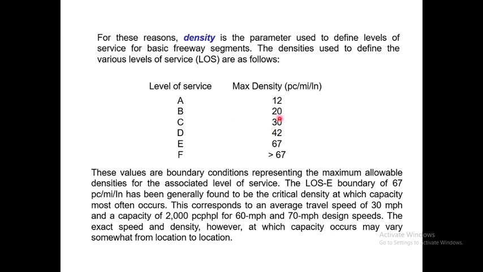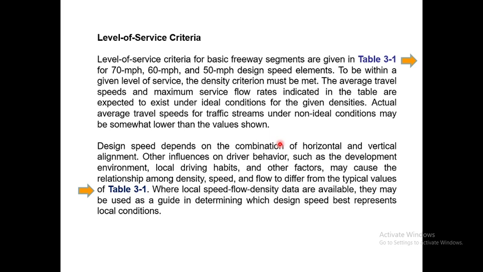Any number after 30 is no longer level of service C. If it's, let's say, 38, it is level of service D. All right. So we use the density as a boundary between the different levels of service.